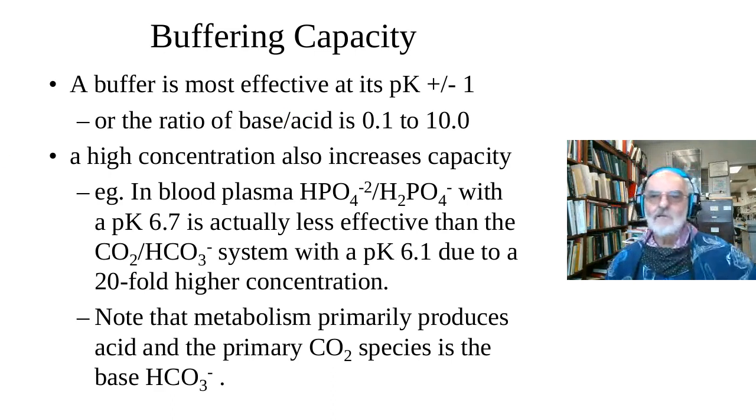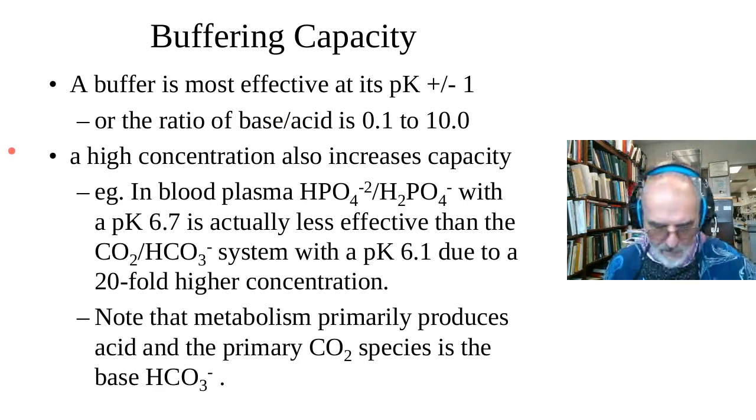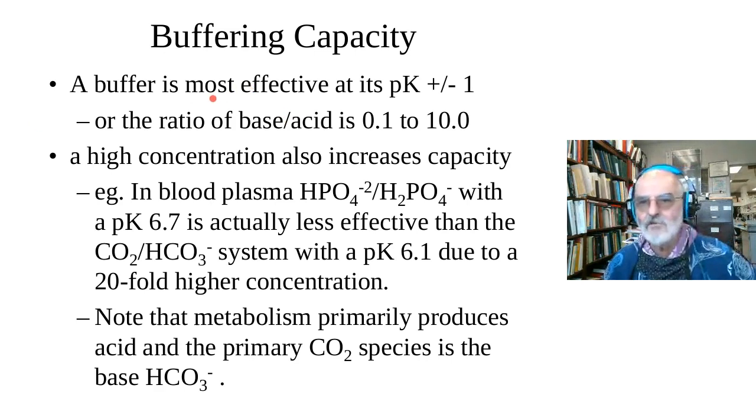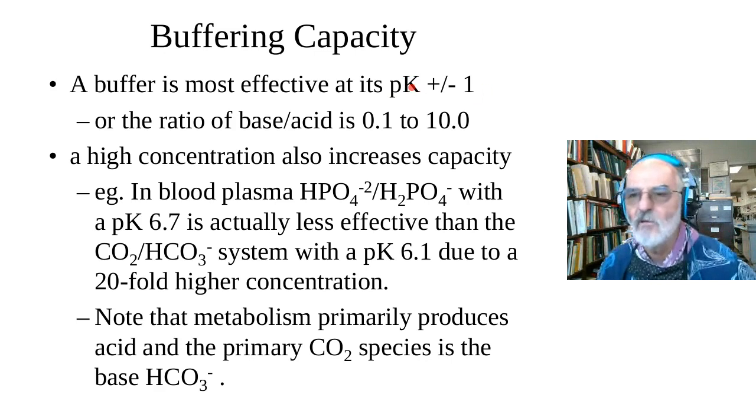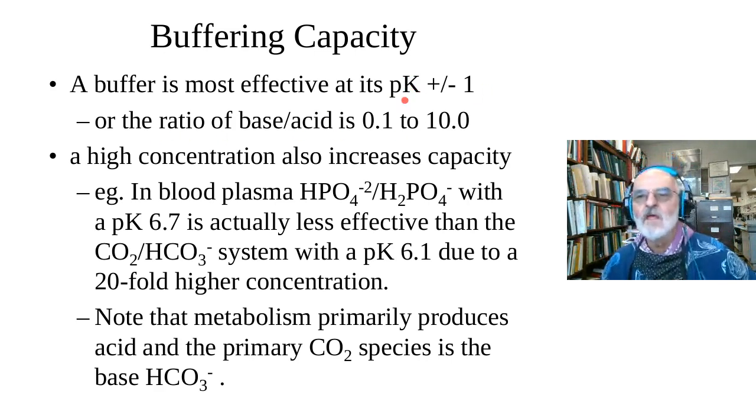Now, I'm making the point that there are lots of things that buffer, but buffers are effective only if the pH is relatively close to their pK. So if a buffer is between plus and minus 1 of its pK, if the pH is between plus and minus 1 of the pK, that means that the ratio of the base over the acid is from 1/10 to 10 over 1.